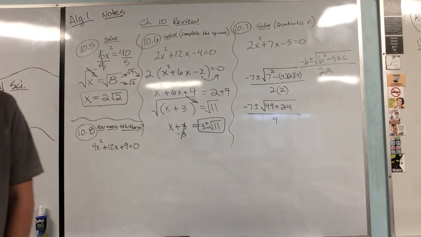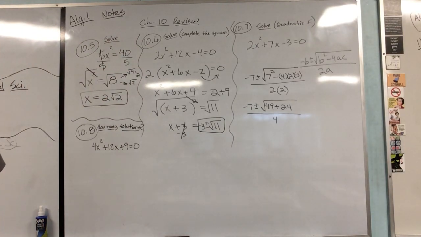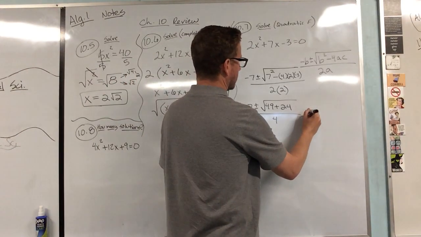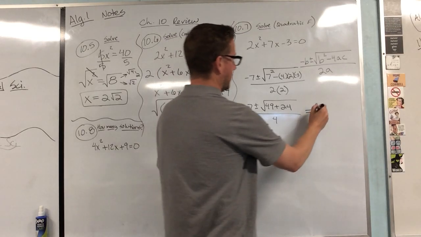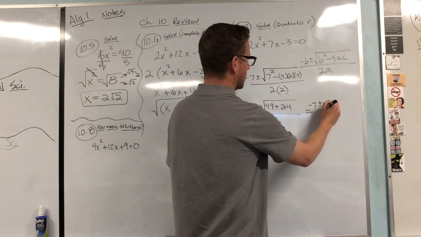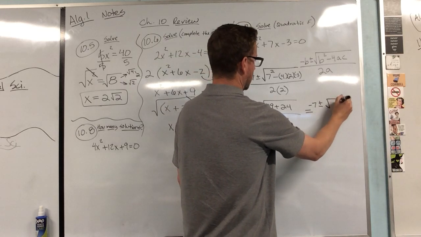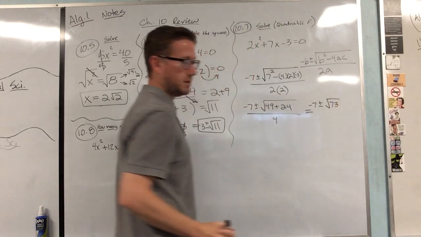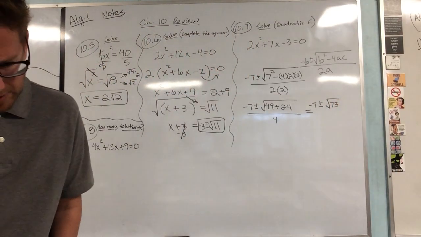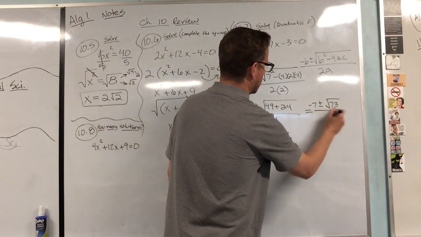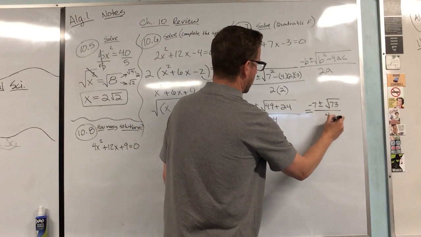Okay, so then we're just going to do 49 plus 24, and then we're going to have to take the square root here. All right, so we're going to have a -7 plus or minus, and that, I believe, is 73. I'll double check my math in here. Good. Yep, that's right. And that is all divided by 4.